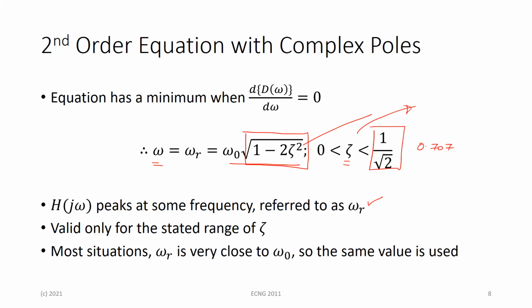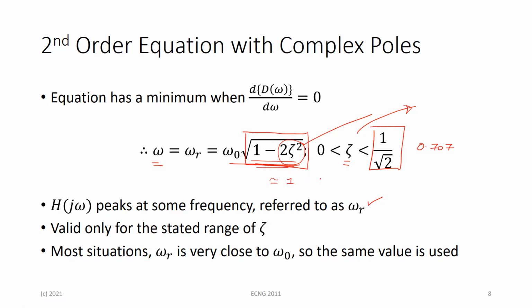All right? And again, usually because zeta is between 0 and 0.707, this factor here is relatively small, so for many cases this is approximately equal to 1, right?